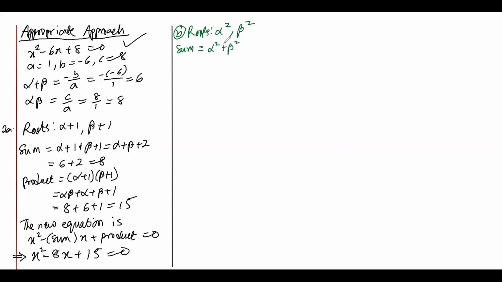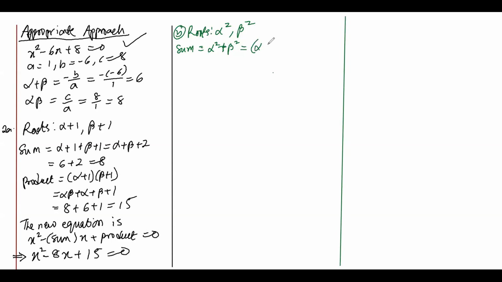Sum is alpha squared plus beta squared. Can someone remind me what to do? Class, I'm waiting, please. Alpha plus beta all squared minus 2 alpha beta. Good. So we use the symmetric property.